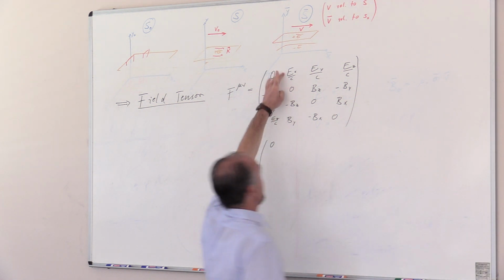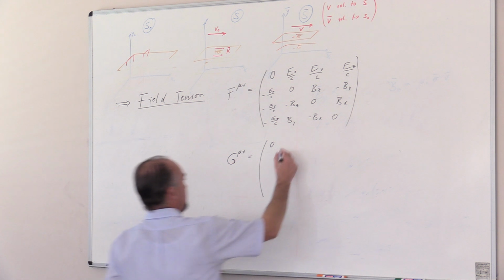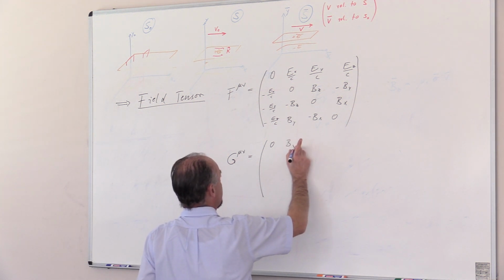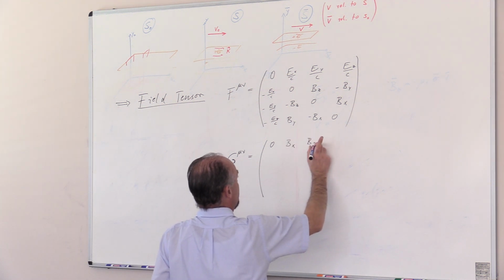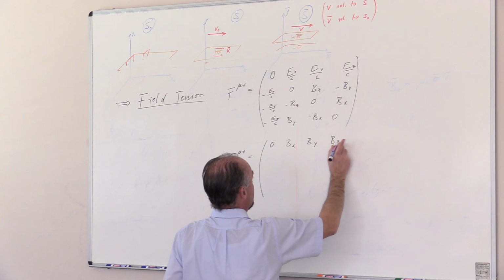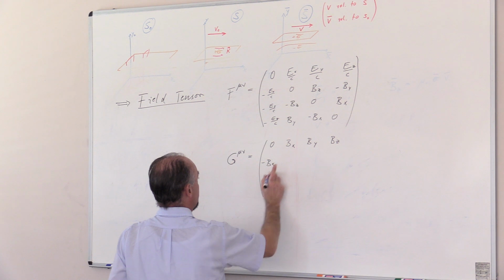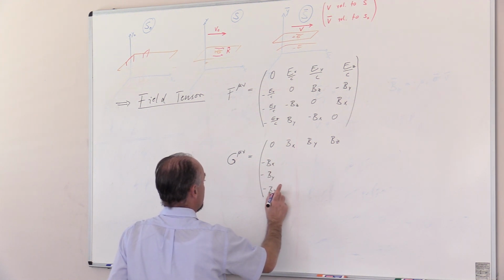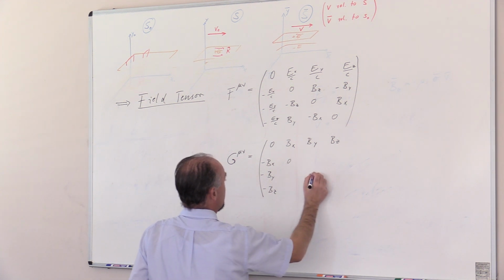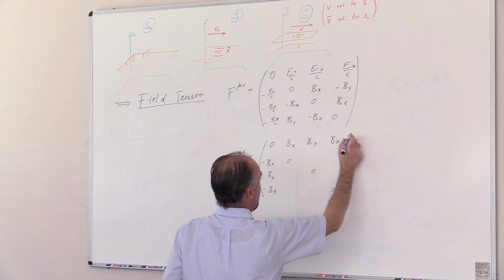So this was the choice of Ex. If we start here with Ex, we get By and Bz here. And of course, the negative here, minus y, minus z.